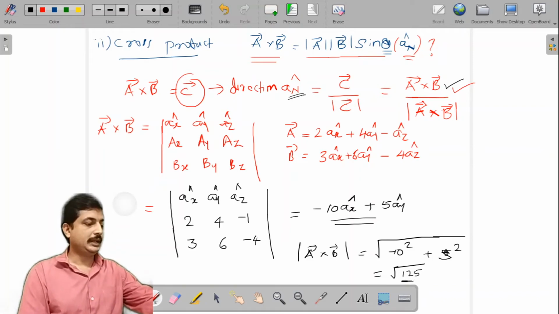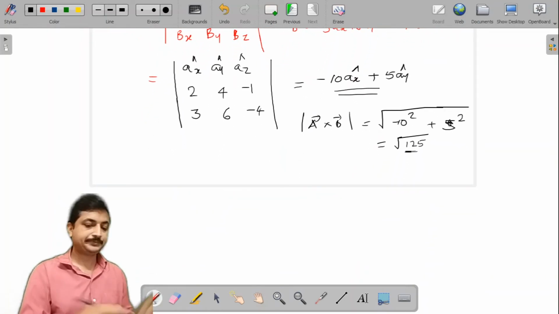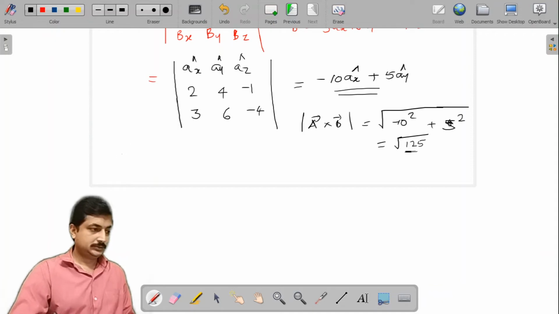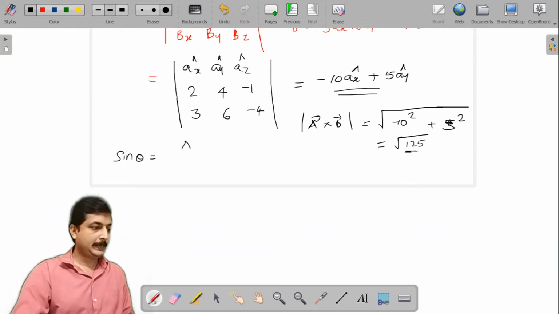Now I can easily write my sine theta as sine theta is equal to A cross B divided by magnitude of A, magnitude of B, A n cap.